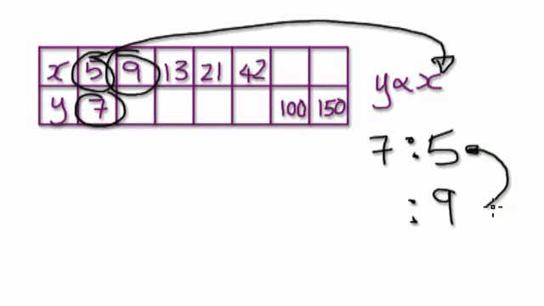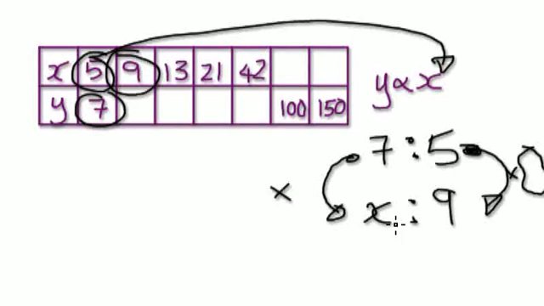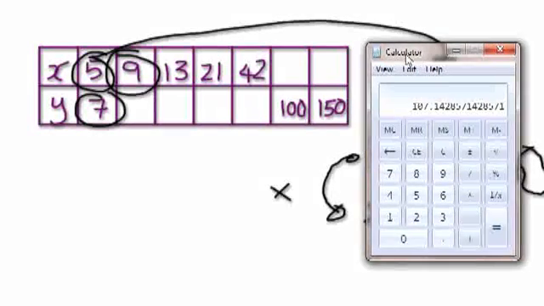So what is the multiplier that would take us from 5 to 9? Whatever that multiplier is, it will be the same as the one that takes us from 7 to the x here. So you would jump to a calculator.